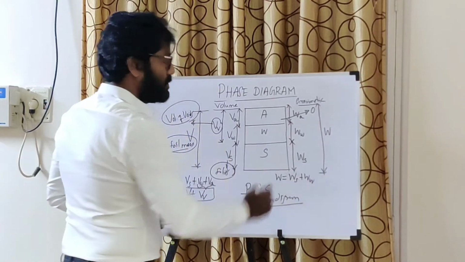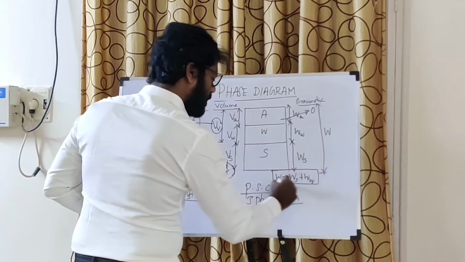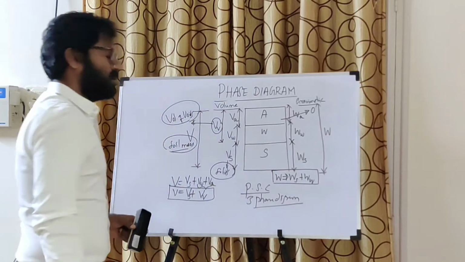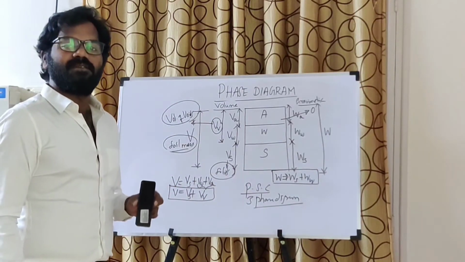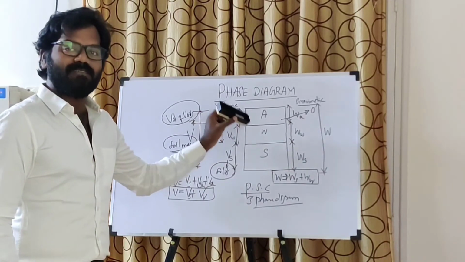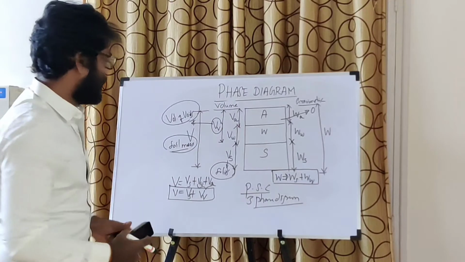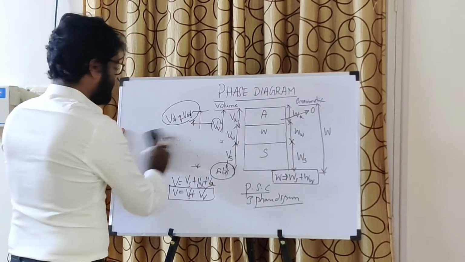And we won't introduce weight of air since we assumed it to be 0. So this is our total weight of the soil mass. These things you have to understand for the partially saturated case. Partially saturated means the voids are partly filled by water as well as air. The next one we'll discuss is the dry state of soil mass.